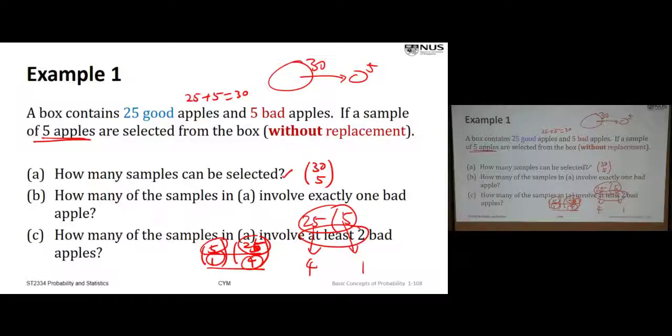And then how to combine all these 4 numbers of ways to get 2, 3, 4, and 5 bad apples? Multiply them?